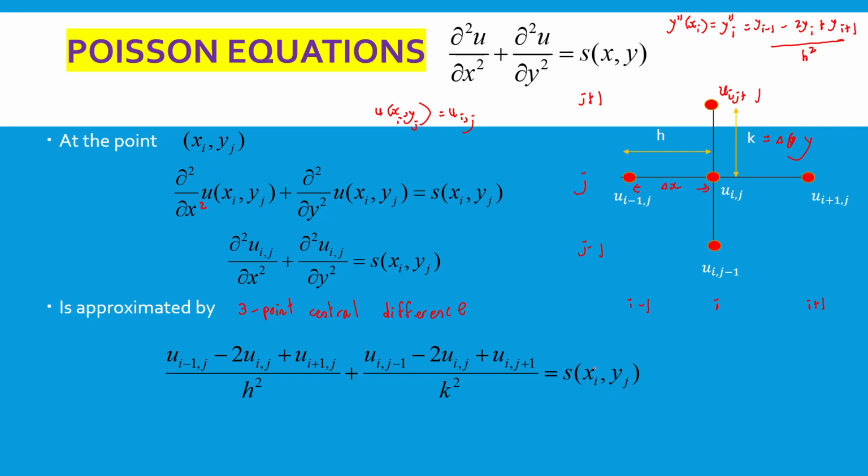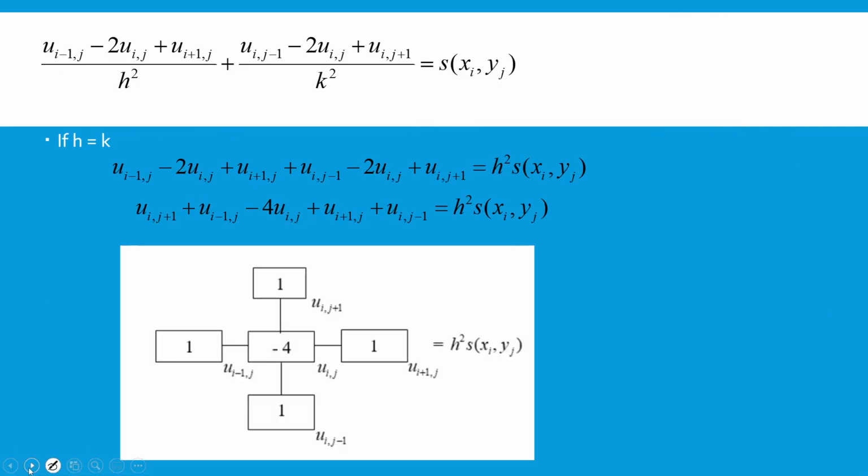So before we proceed, do you have any questions? If no, we'll take the case when h equal to k. Then we'll multiply each term by h squared, because h equal to k.